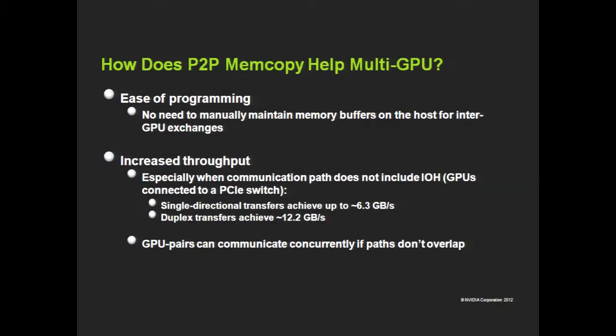It's not possible to have this peer-to-peer if one of the GPUs is a pre-Fermi GPU, or if one of the GPUs is behind another I/O hub chip, because QPI does not support the PCI Express peer-to-peer protocol, which we show in this slide here.